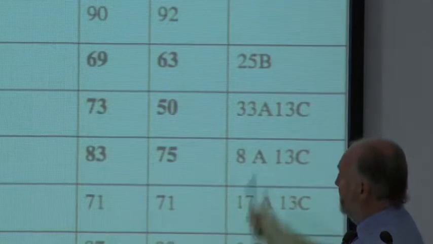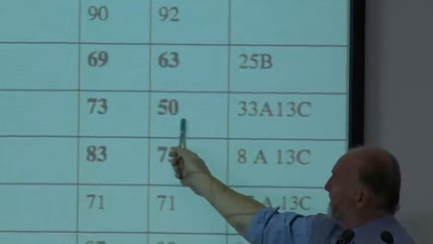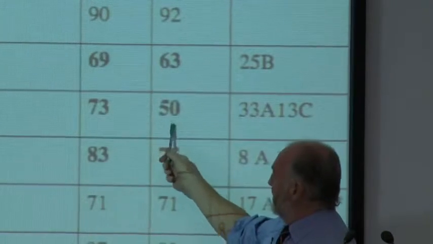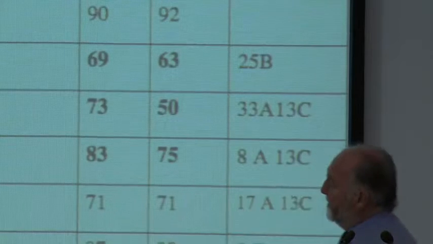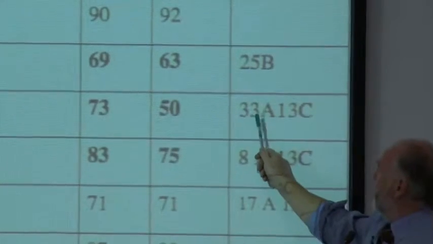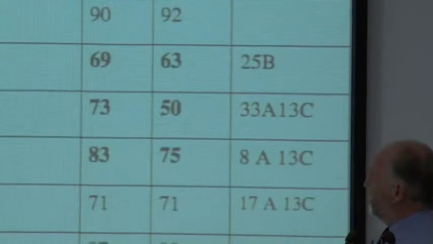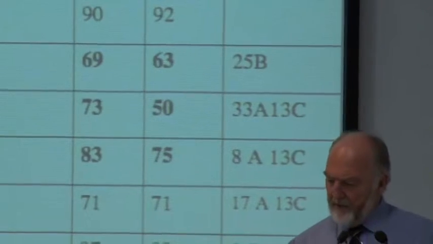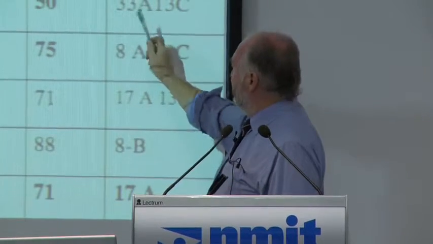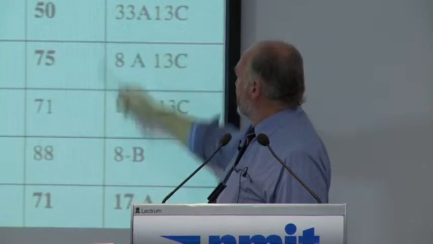With item number 6, the school achieved an accuracy of 50% and the state was 73%, and a third of those who answered incorrectly chose item A, so about 15% or 18% are doing something wrong with A.